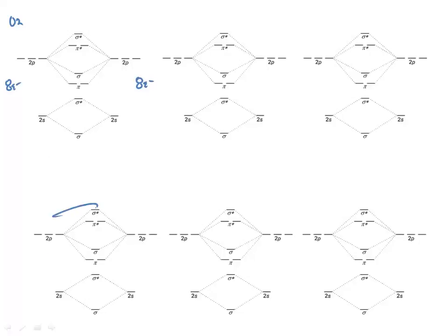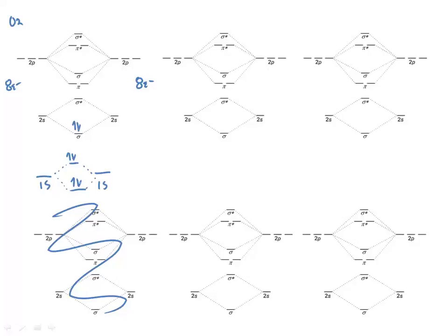Now notice what your picture doesn't show is the 1s's. And the reason it doesn't bother with the 1s's is because we know they're full. So the idea is that I've got 1, 2, 3, 4, 5, 6. Notice I'm filling them from lowest to highest and then pairing up, right?